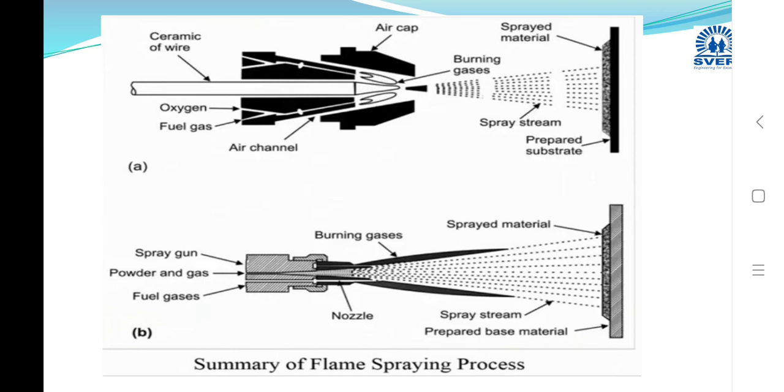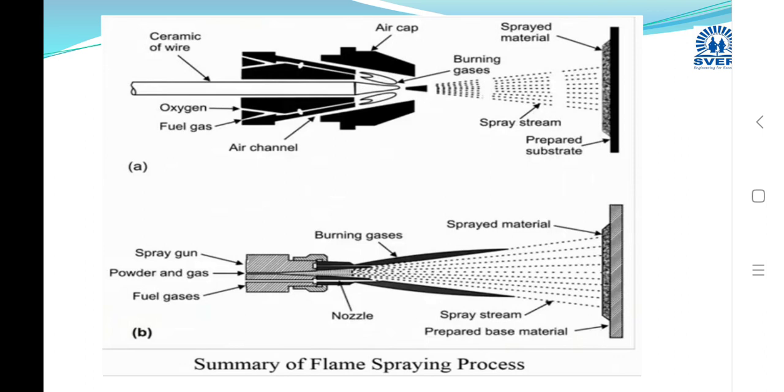Another parameter is the powder particle size, as well as the shape, and also the form in which you are using the coating material, whether rod or wire. The third parameter is the velocity at which it is spread over the surface of the substrate.